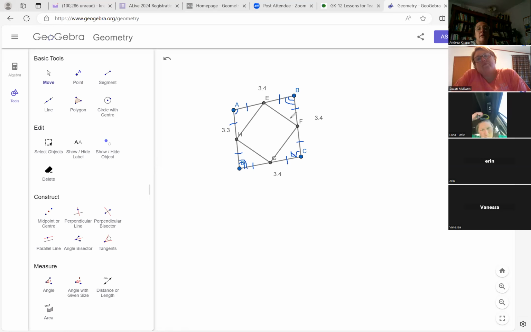I was feeling like we could get that angle and then you could figure out what that side length is. This is my thought. Because we've got an isosceles triangle here, we know that these two base angles are the same.